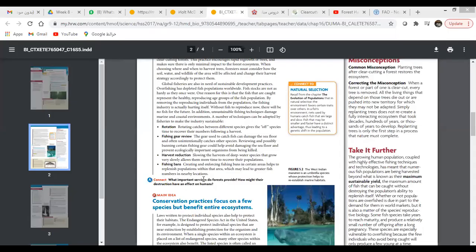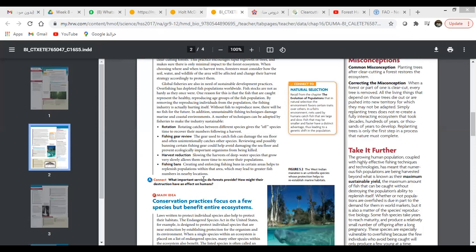Reviewing also means if you collect something by using the gear, you have to review what you collected. If you collected something that you don't want, you have to return it back to the water. And you have to review and stop using the fishing gears that will damage the sea floor. And the sea floor can be living things, can be habitats.